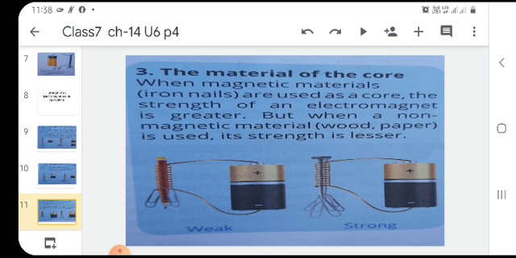Third is the material of the core. When a magnetic material, meaning iron nails, is used as a core, the strength of an electromagnet is greater. But when a non-magnetic material, for example wood or paper, is used, its strength is lesser.